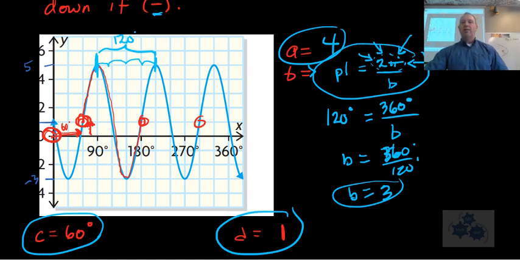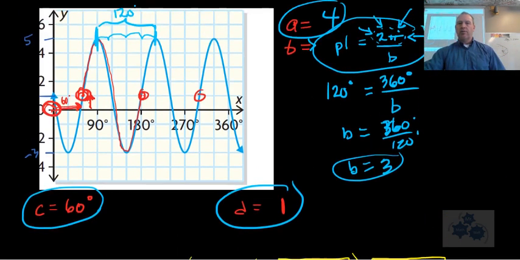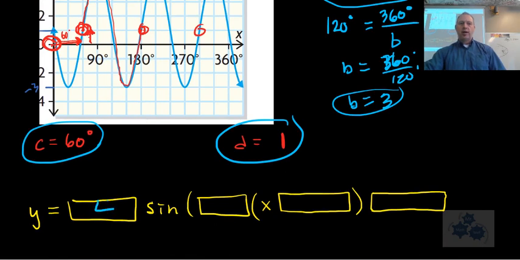So finally, what you would want to do at the end here is to put all of these parameters into this sine format. And so A we said was, what did we say it was? Where is it? Up there? 4. So you have a 4 here times sine of, what's B? 3. Okay, so 3 for B, and then C is 60, so it's going to be X. It's 60 to the right, so that's X minus 60.